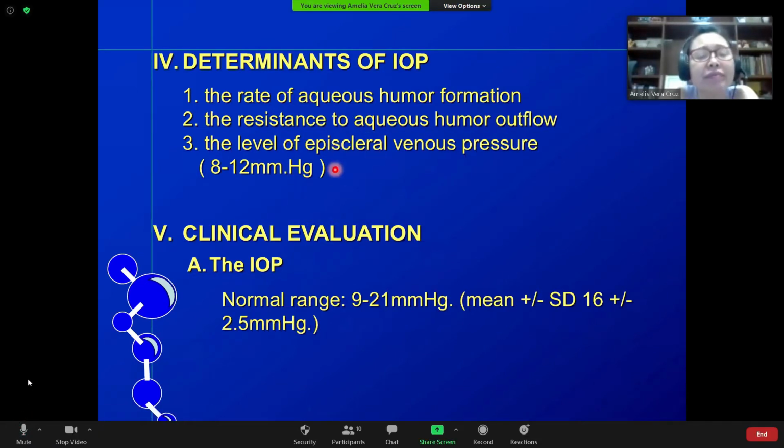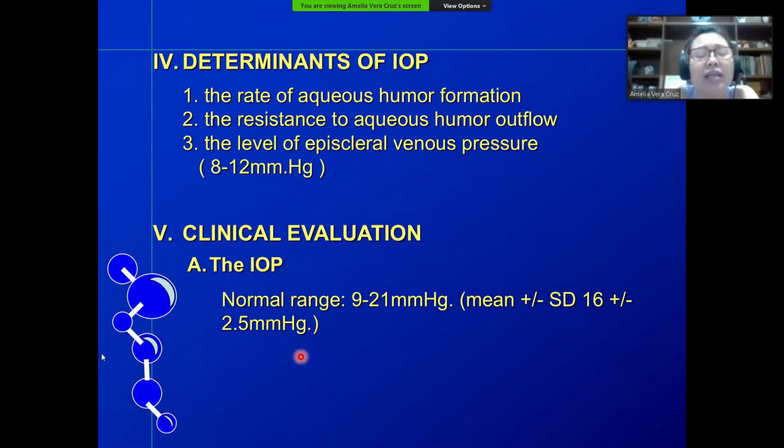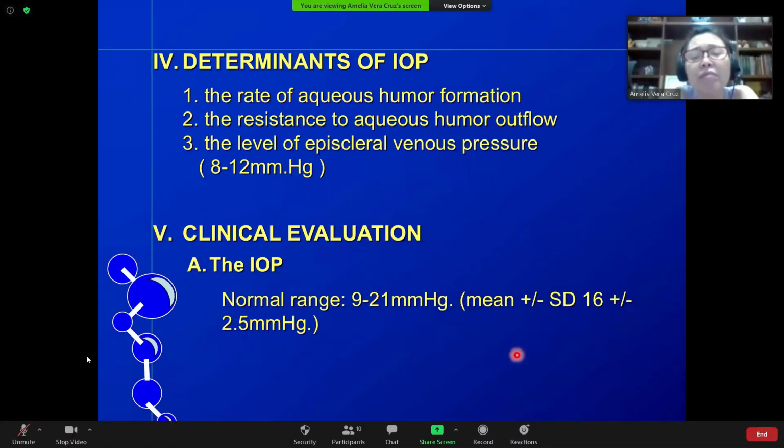Okay? Now, the clinical evaluation. The intraocular pressure. The normal range is 9 to 21 millimeters mercury, with a mean of 16 plus or minus 2.5 millimeters mercury. Okay?